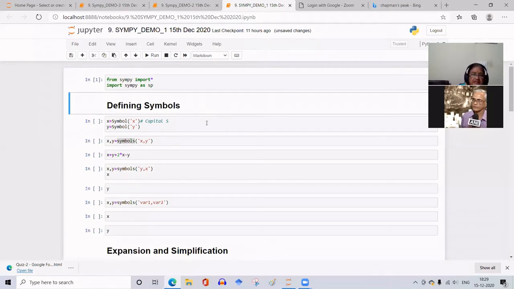So this gives the mathematical expressions in the form that we are familiar with. For example, summation, we are familiar with writing the summation using the symbol sigma. That is typed as it is using this SymPy, and that is used also for computations.